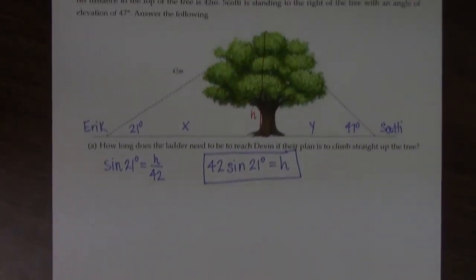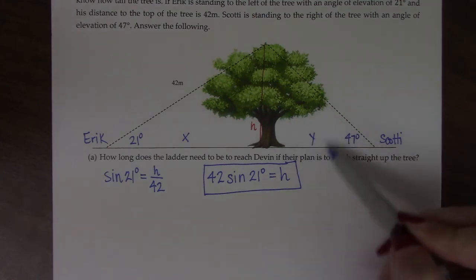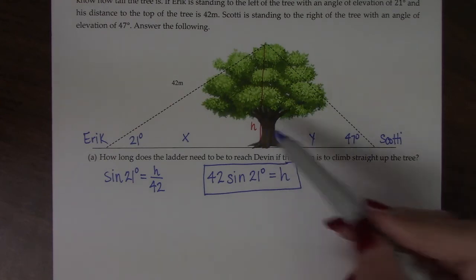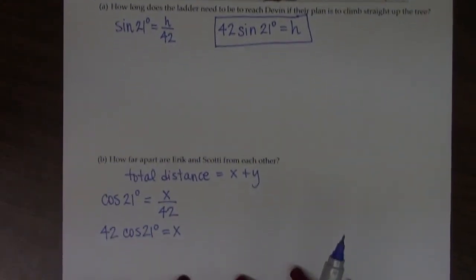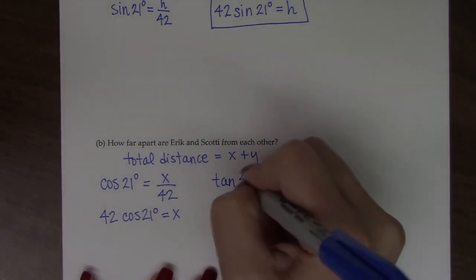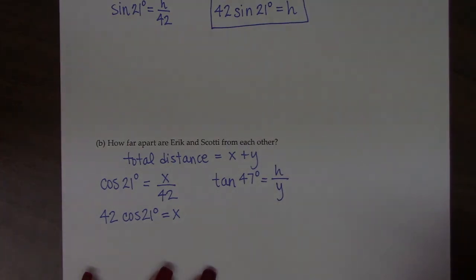If we go to the right triangle, well, I'm looking for y, the adjacent side, right? But the only thing I know is the opposite side, h. So I'm going to have to use tangent. So tangent of 47 degrees is opposite over adjacent.